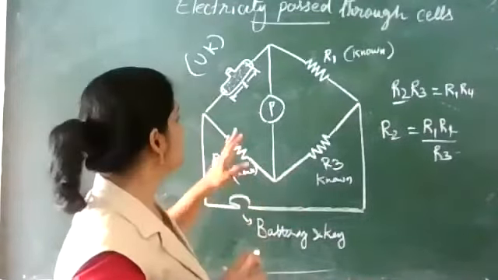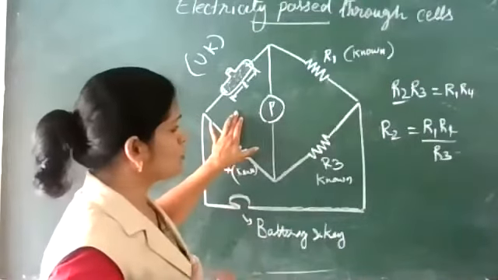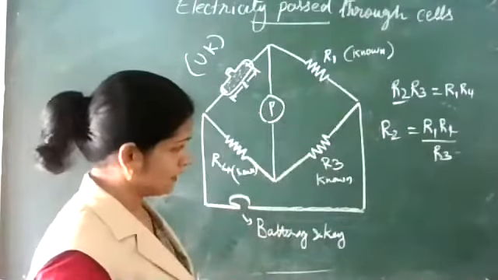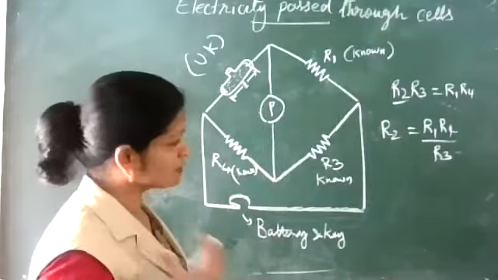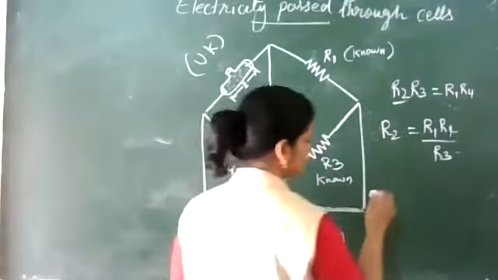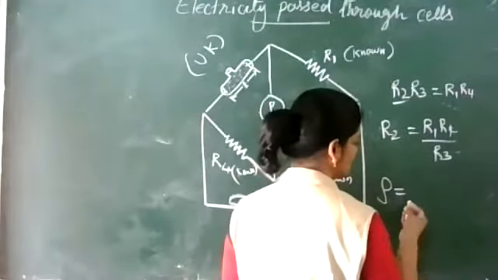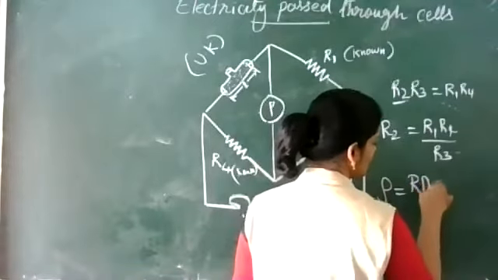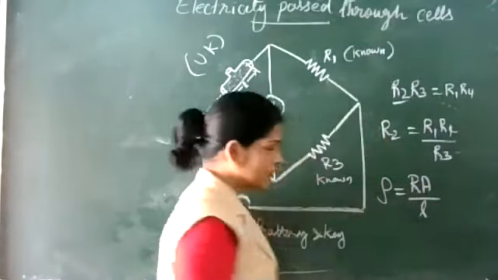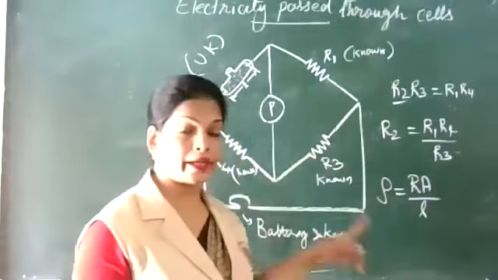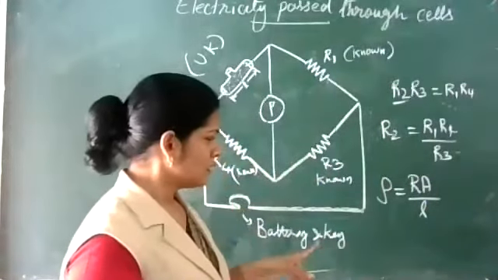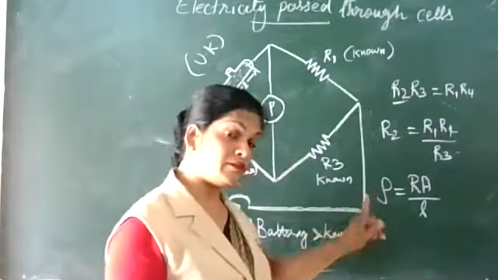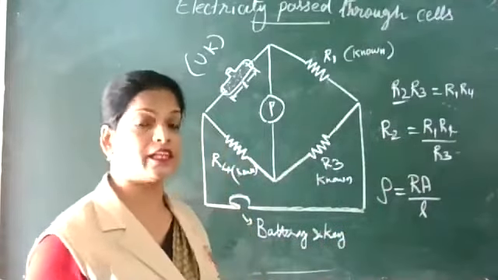The unknown resistance is found. Our aim is to find out the conductivity. For that, what is conductivity? Resistivity, you know, rho is equal to RA upon L. This is the resistivity. The inverse of that resistivity is conductivity.